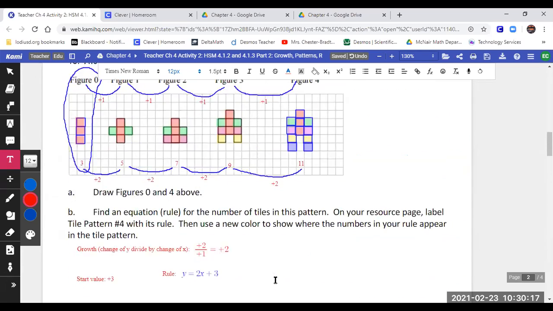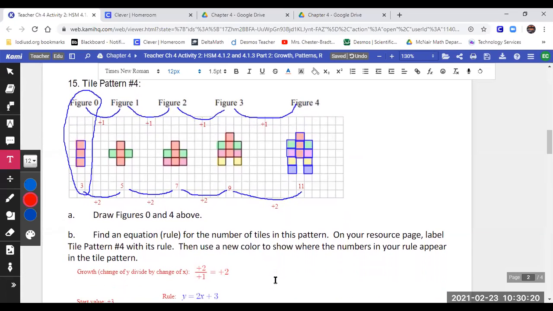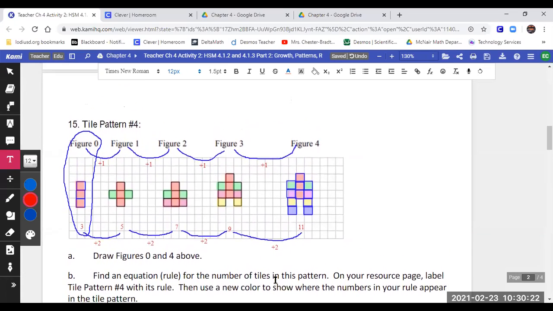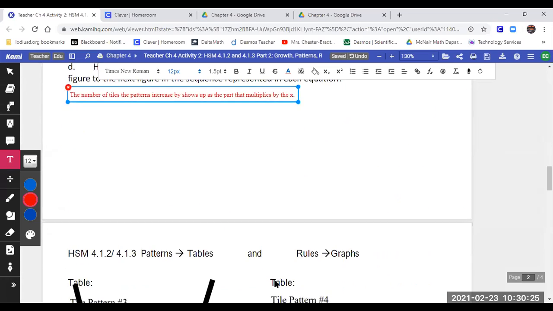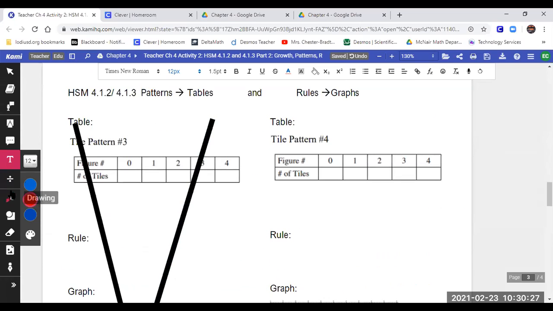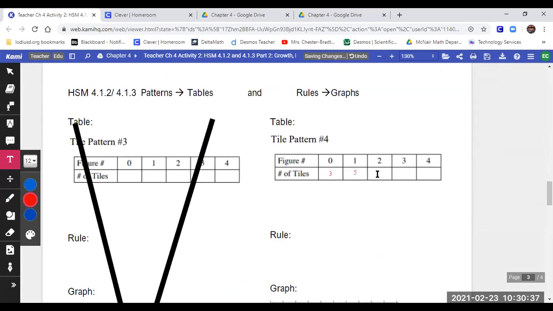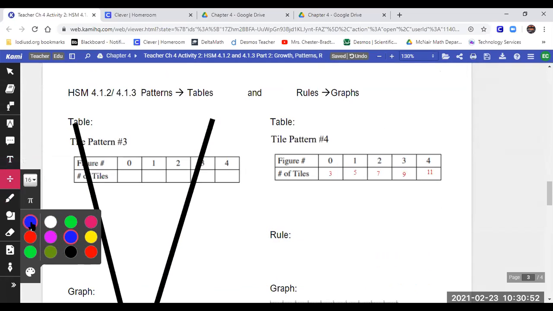Oh. So now we got to transfer down this information onto the table. So 3, 5, 7, 9, 11. And the rule, we already figured that out up above.